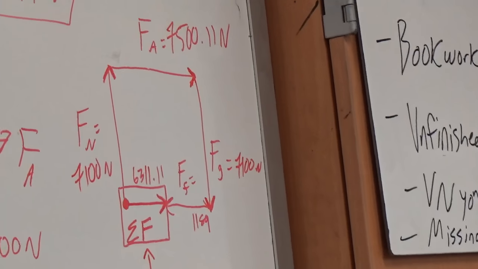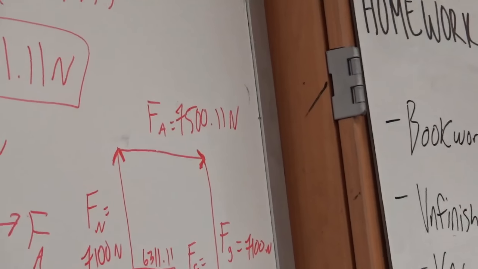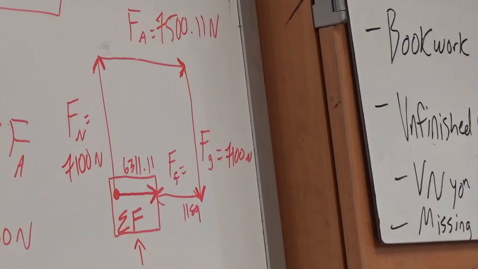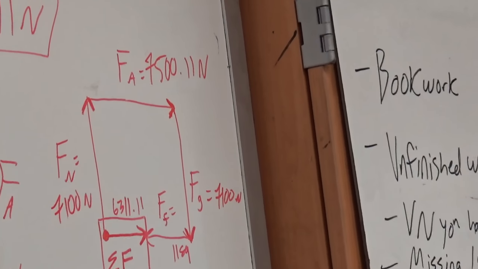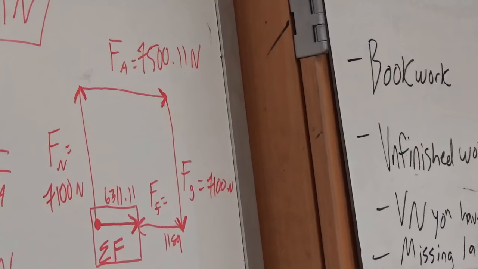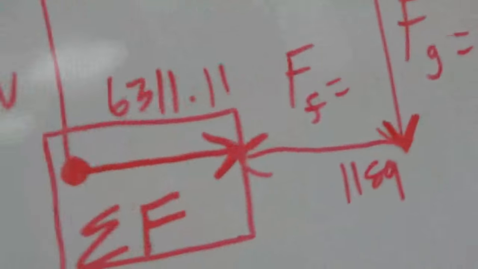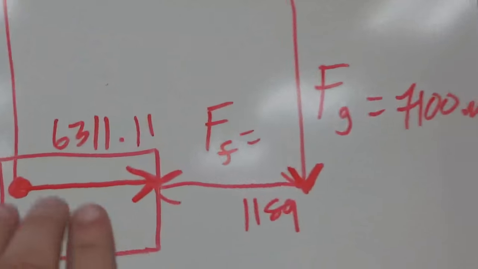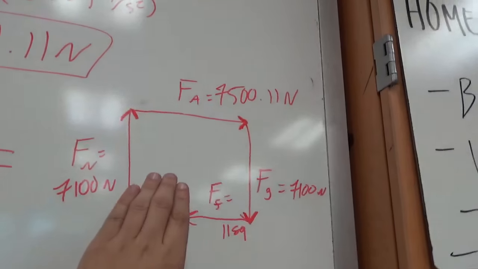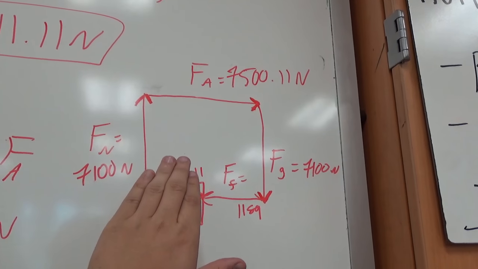And again, because our object is accelerating, we obtain a situation where, before I drew this one, it was just missing, and then we just had that, right?